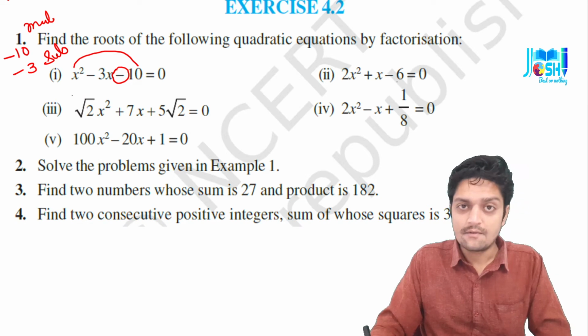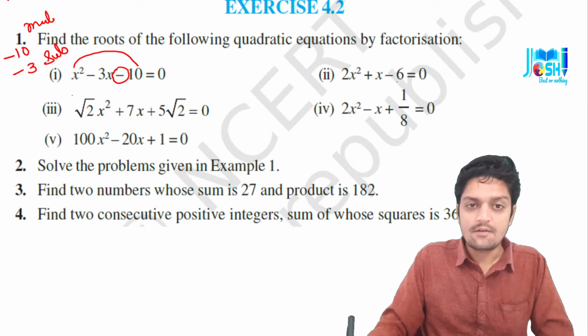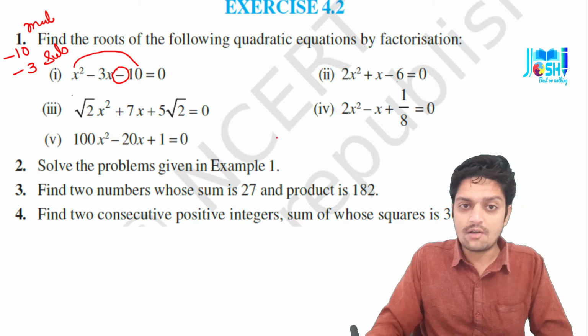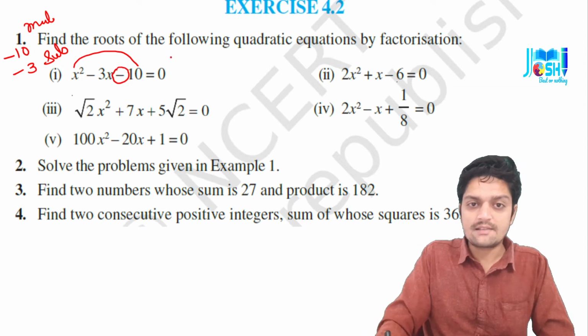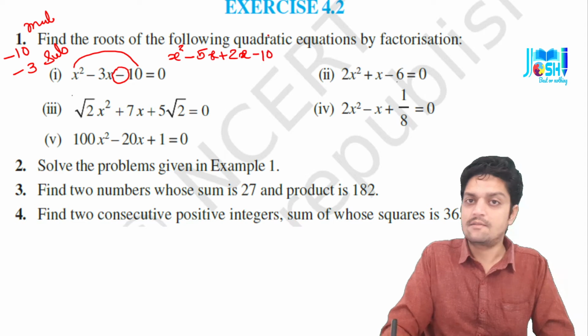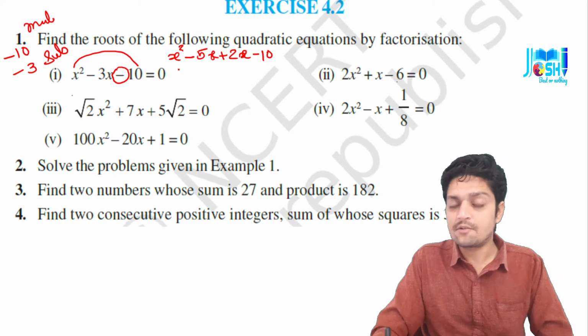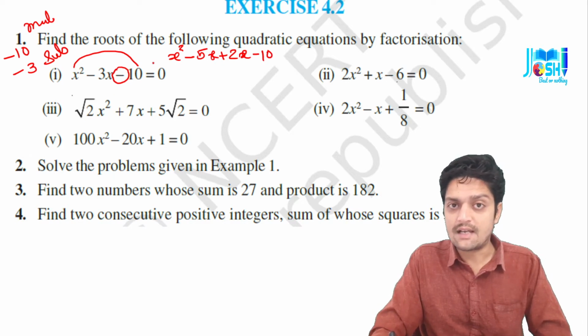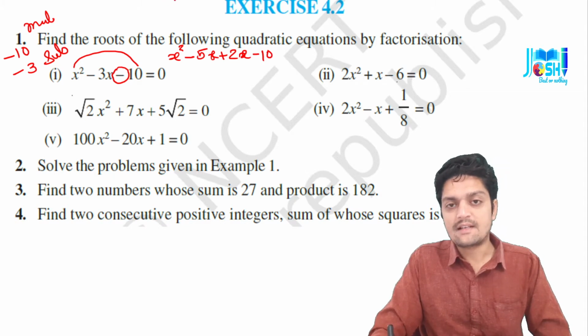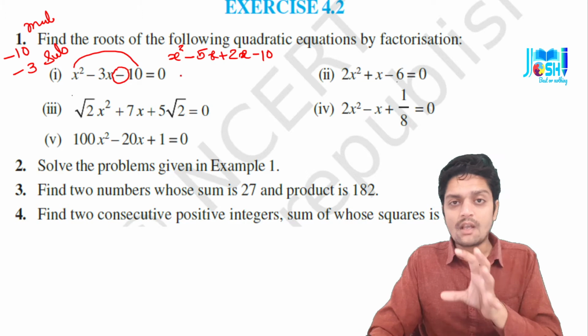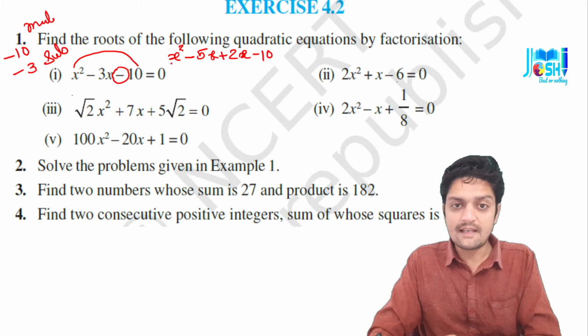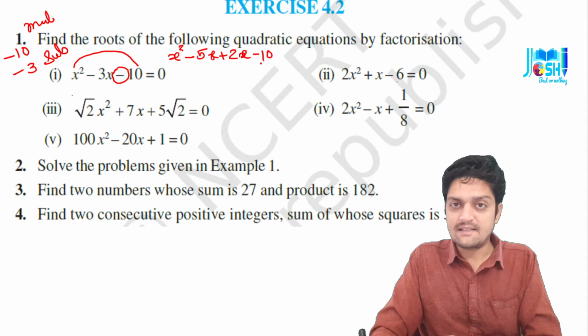5 2s are 10. The first term you have to write as it is, x square. Now minus 5x plus 2x minus 10. Because 5 2s are 10, minus 5 into 2 is minus 10, so I got the last term minus 10, and minus 5 plus 2 is minus 3, which I also got. The first term and the last term should be as it is, with the sign.